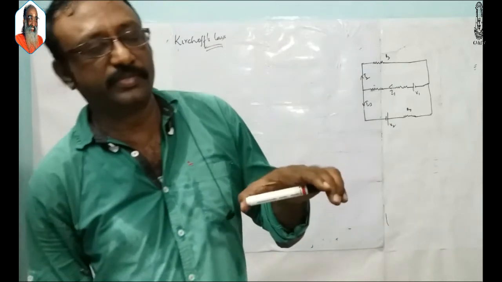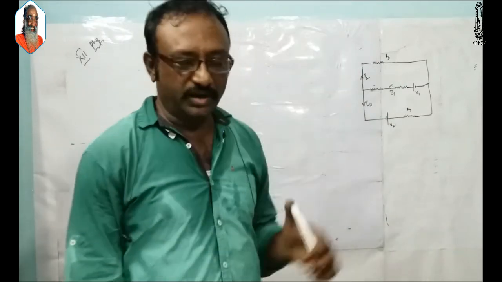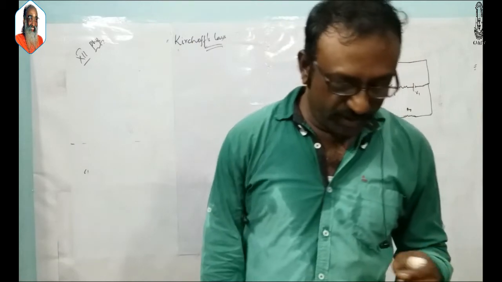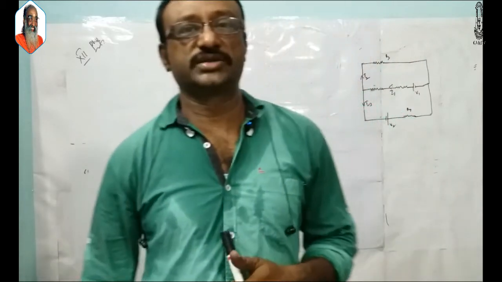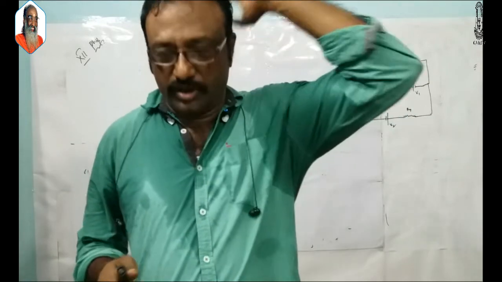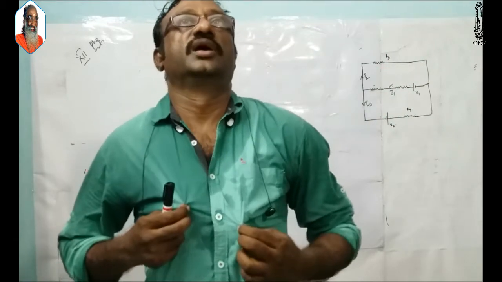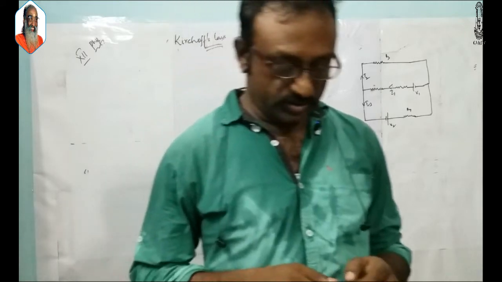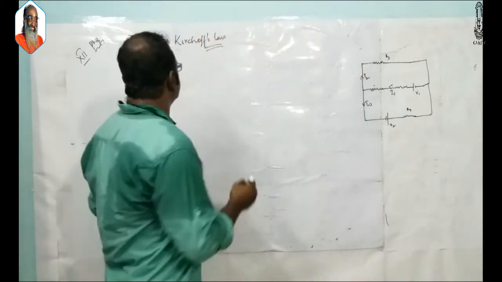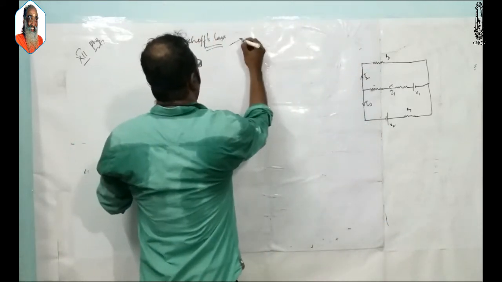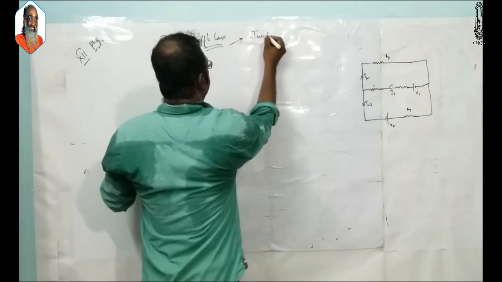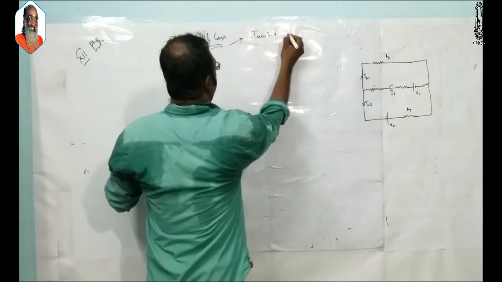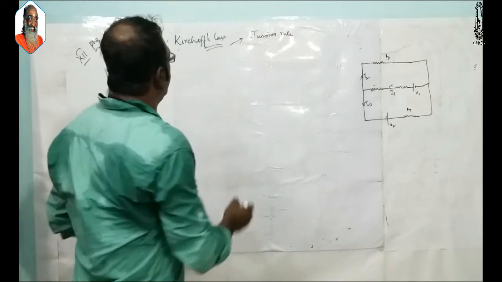In some places it is pronounced differently locally or regionally, but we will call it Kirchhoff's laws. Here we have two laws. One is called the junction rule, and another one is called the loop rule.